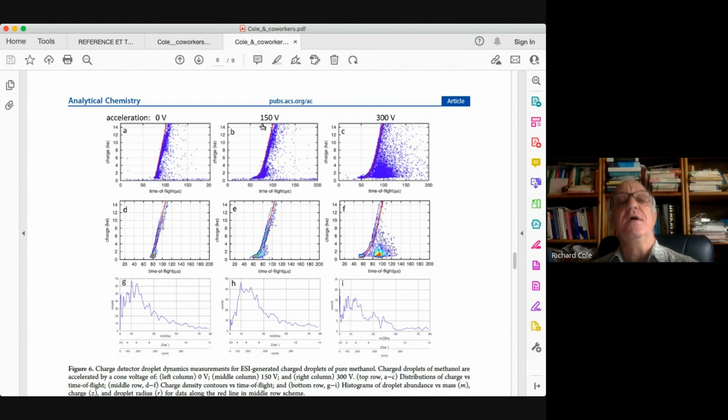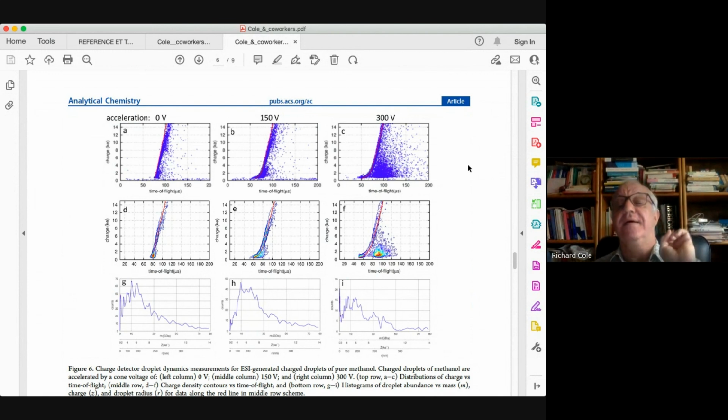The red lines here indicate the expected residence time in our charge detector if indeed these droplets are at the Rayleigh limit. And you can see that there's a decent correlation there.